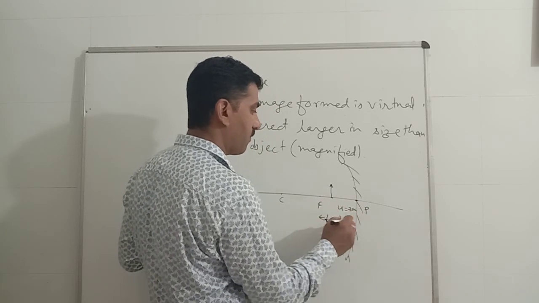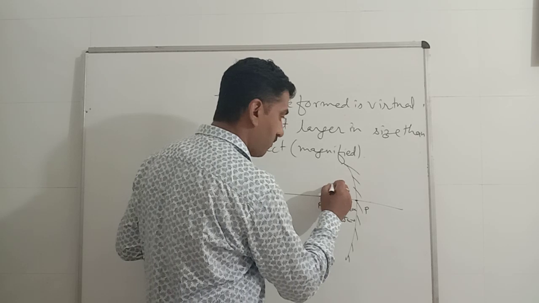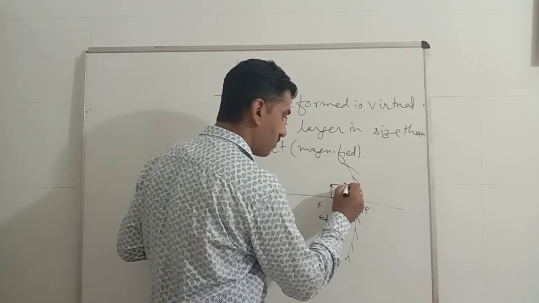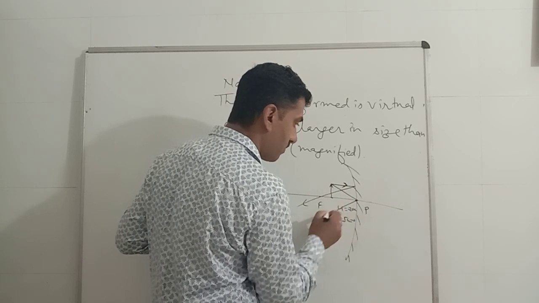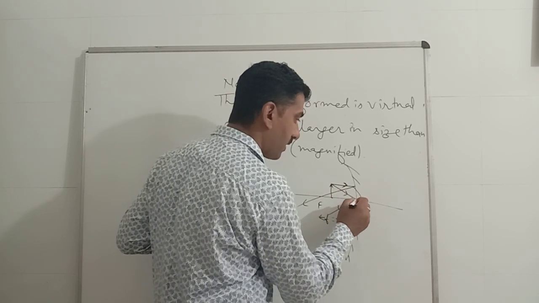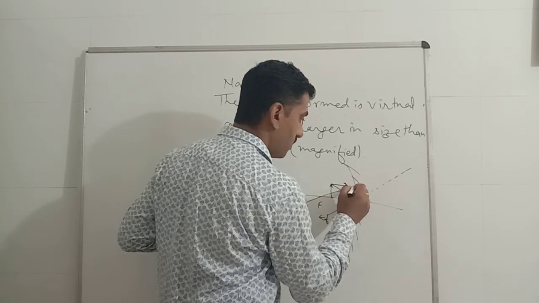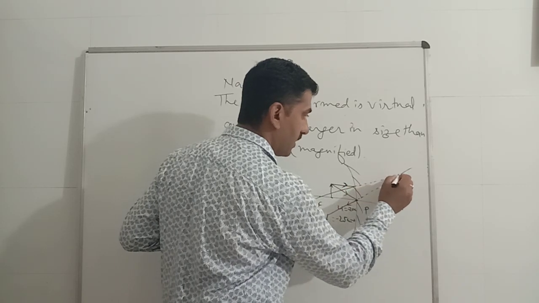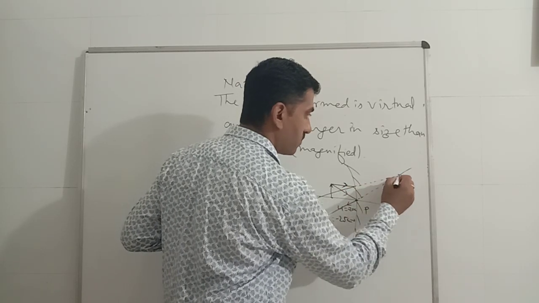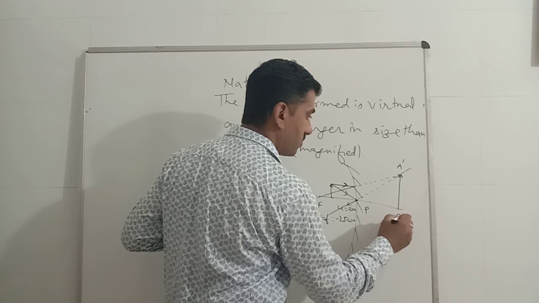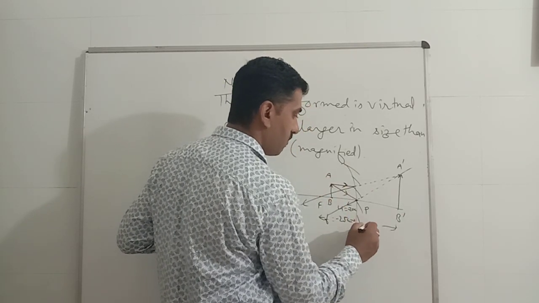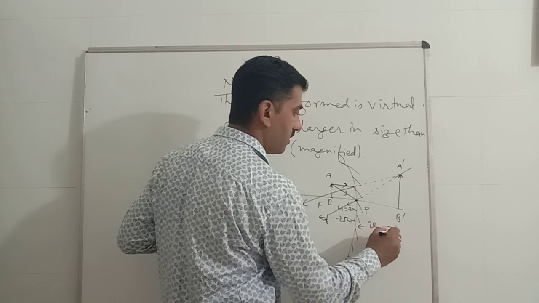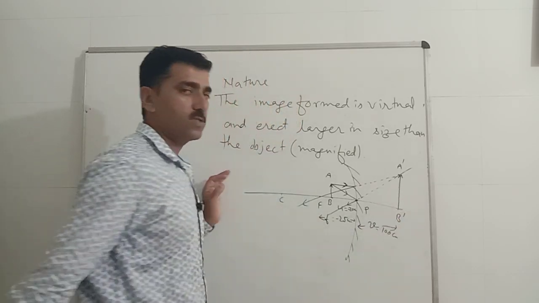So this is your F. A ray of light will go like this, and you have to trace it back from the focus. The second ray of light you can make like this at the pole, and then produce them. Where they meet will be your image A dash, B dash. This is your AB object. That's your V, which has been calculated as 100 centimeters. So this is the ray diagram.